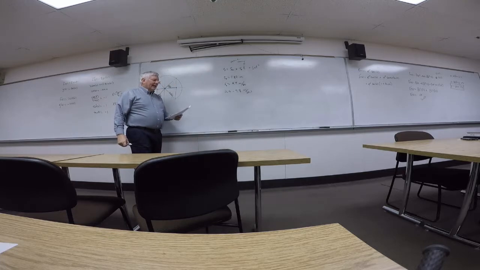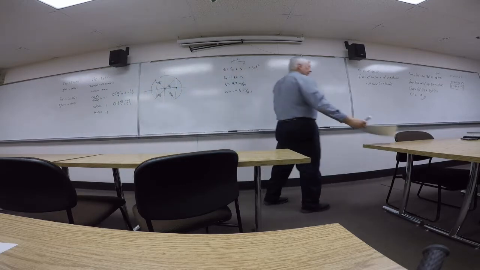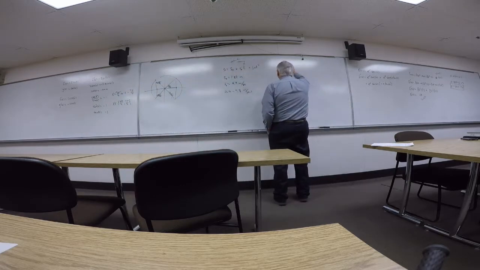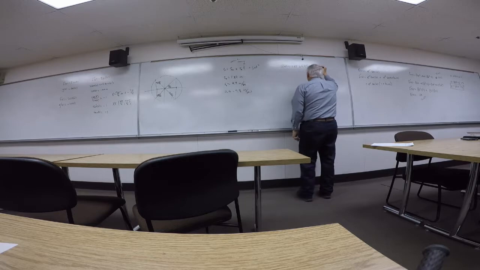It says find S and V at t equals 4. So S at 4 is 1.82 plus 4.9 times 4 minus 4.9 times 4 squared.